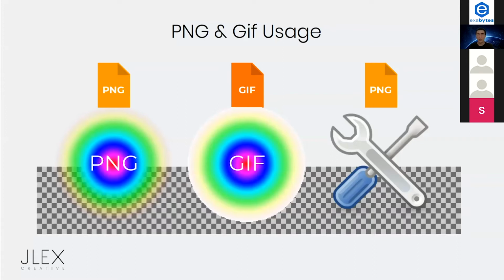Whereas PNG is mainly used for transparent items, like this first round oval shape here. It has an alpha channel, compared to a GIF file. GIF does have transparency, but not an alpha channel, meaning the translucency of the color itself. PNG is also highly used for icons, solid colors, and transparent items. So those are the major usages.